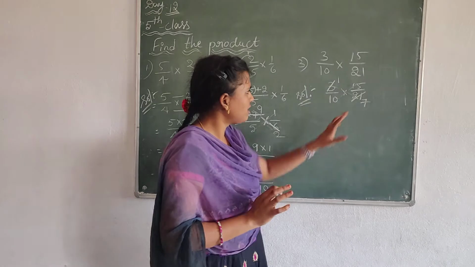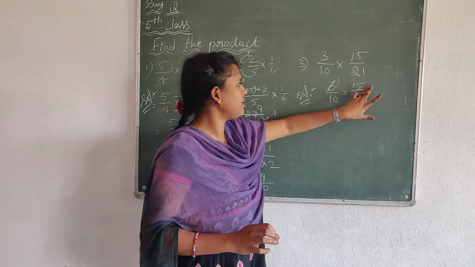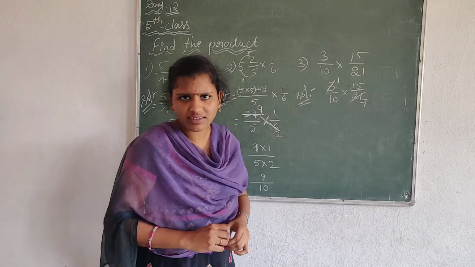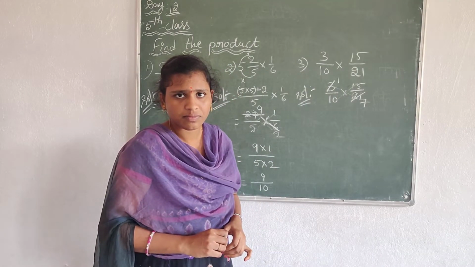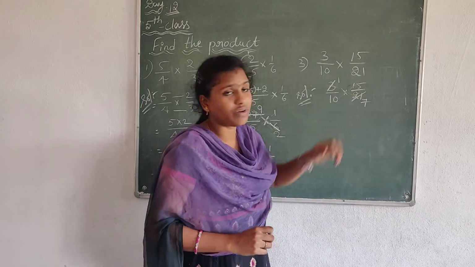Okay, leave it. Let's take this numerator and this denominator. Do these two numbers cancel in any common table? Yes, because it has 5 and 0 in the ones place.